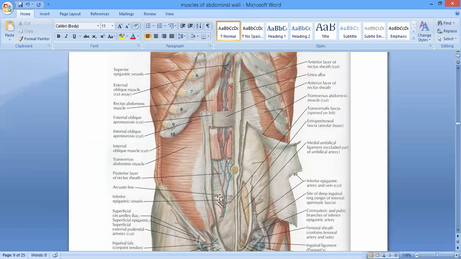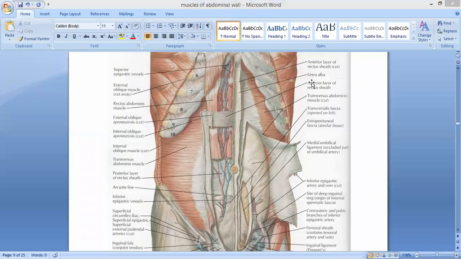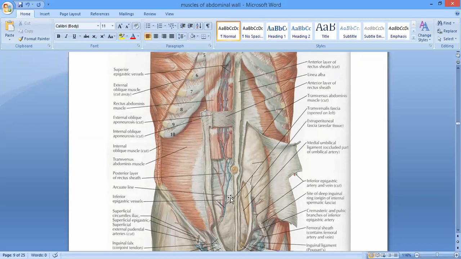तो ये जो arcuate line है यहाँ पे, right, there is another question you used to ask: ये जो rectus sheath, ये जो arcuate line है, यहाँ पे which structure is going to enter the rectus sheath? ठीक है, इसकी importance क्या है? So it is a site from where the inferior epigastric vessels are going to enter the rectus sheath. ठीक है, ये जो arcuate line है, यहाँ से you can see, ये आपकी inferior epigastric vessels आ रही हैं. ठीक है, and they are going to enter inside the rectus sheath to become the content of the rectus sheath, and when they run in the rectus sheath, they are going to anastomose with the superior epigastric vessels.